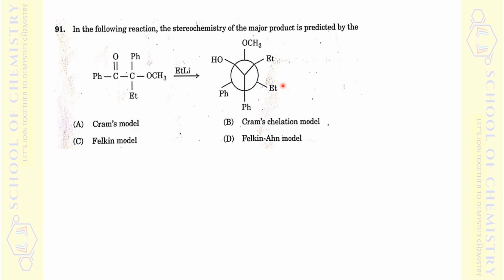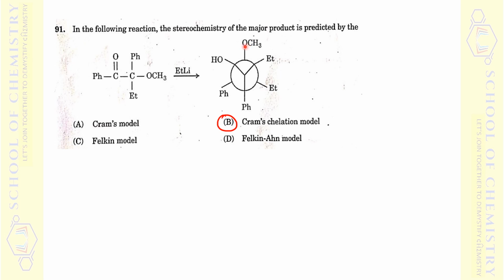The first thing we can do here is note that this is not Cram's chelation model. We can discard this option, because Cram's chelation model is applied when reagents like zinc borohydride, or metals like zinc, are used. They are capable of forming chelation with groups such as OCH3 or nitrogen or sulfur compounds.